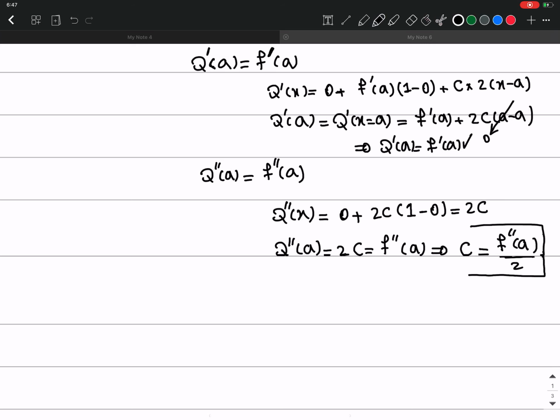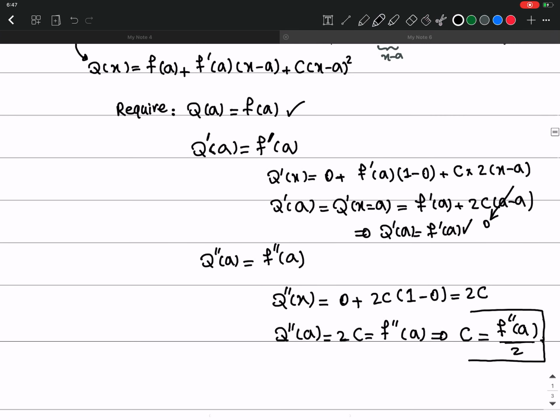So if c equals f double prime at point a over 2, then this requirement is going to be also satisfied. So Q double prime(a) is going to equal f double prime(a). Okay.